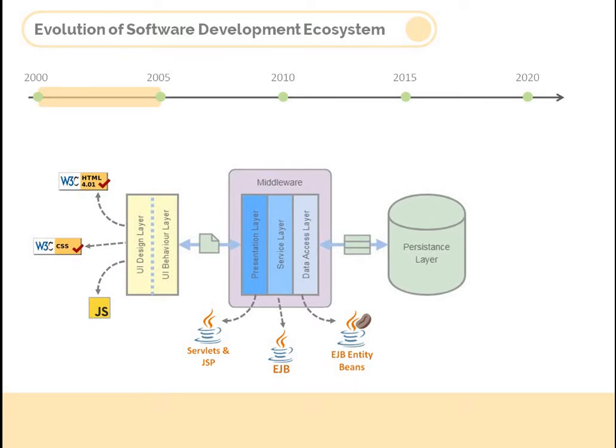These are the middlewares. The most popular web server at that time was Apache Tomcat, and it is still one of the most popular. And for the application servers, there were a couple of other options like WebLogic, WebSphere, Solaris by Sun Microsystems, JBoss, which I've missed here.